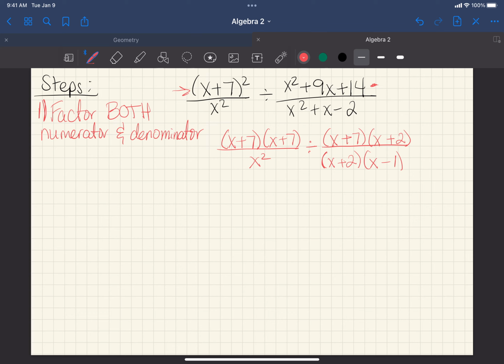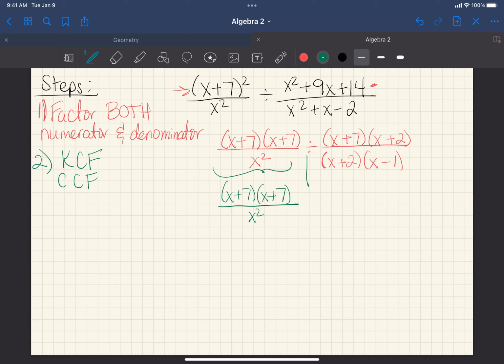Now my step 2, right, just like when I do fractions, I think you guys know it as keep, change, flip, or copy, change, flip. The whole thing is the same thing, right? I keep the first rational expression, x plus 7 times x plus 7 divided by x squared.